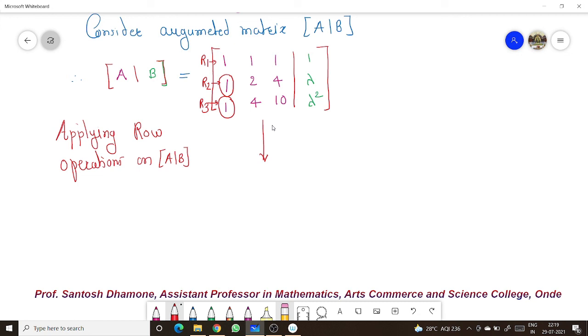Consider case second, a unique solution. For a unique solution, the rank of the augmented matrix AB is equal to the rank of matrix A, which is equal to n, the number of unknowns. Here n is equal to 3.